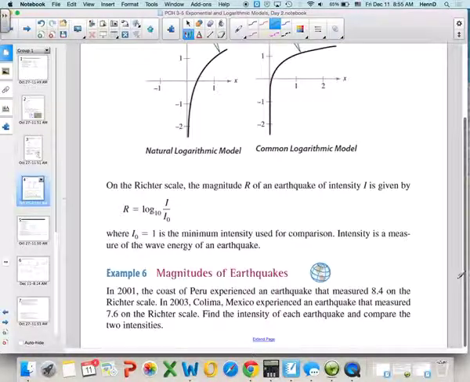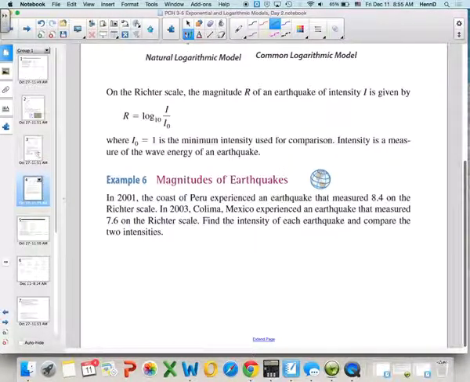And the thing that maybe you don't realize is that because this is a logarithmic scale, every tenth on the Richter scale represents an intensity that is 10 times greater than the previous tenth. So a 5.0 is 10 times more powerful than a 4.9 earthquake.